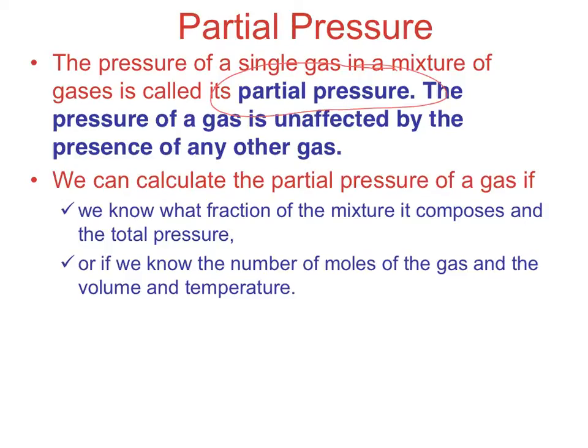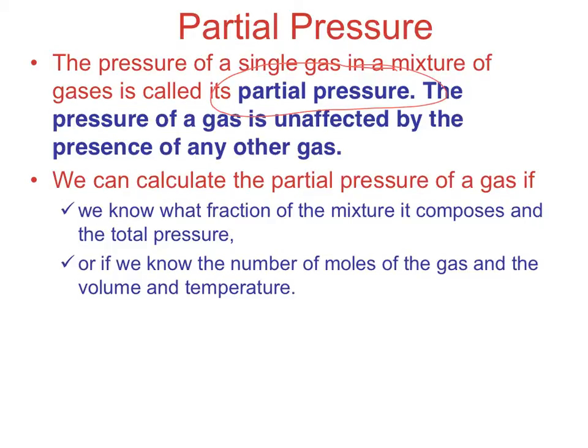That's the pressure of a gas that's in a mixture. Interestingly enough, the pressure of one gas in a mixture is unaffected by the pressure of any other gas in the mixture. The gases really operate independently of one another, so that's real important to remember.